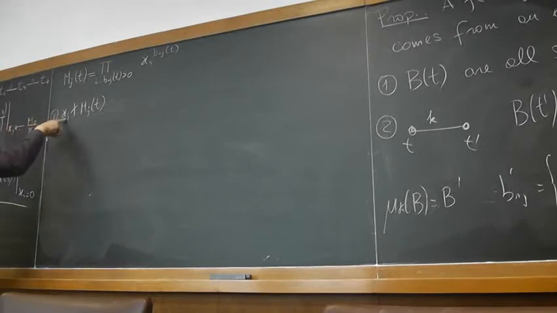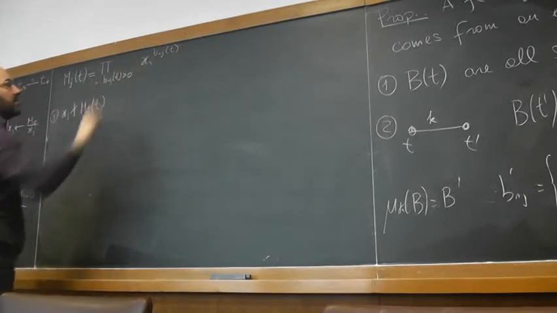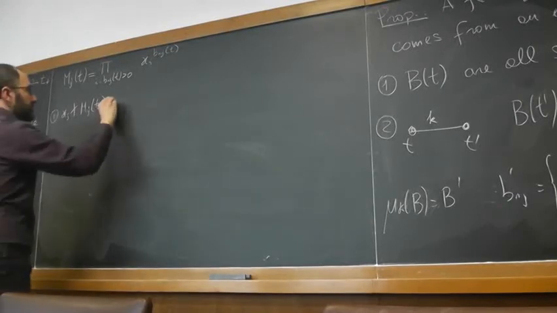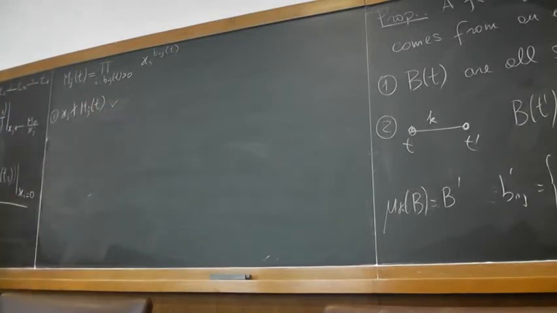But x_j appears with exponent b_jj, which is 0 because the matrix is skew-symmetric. So this is this.